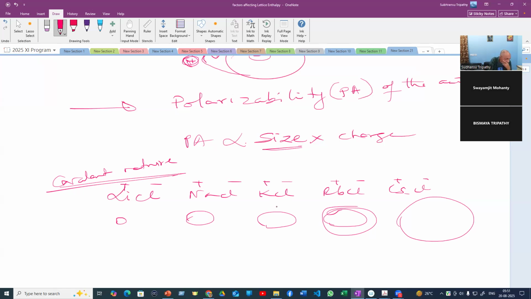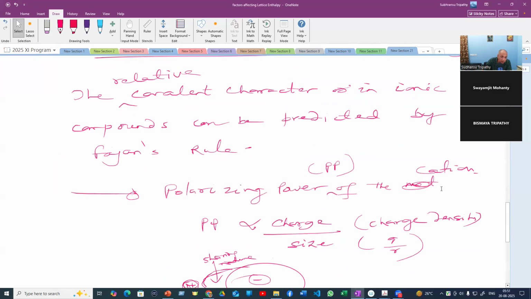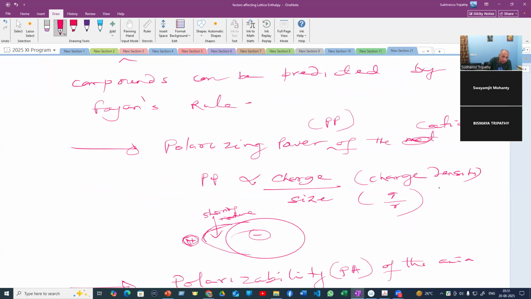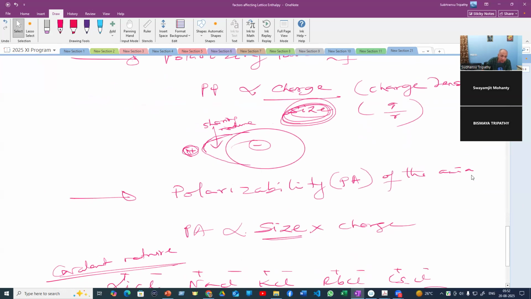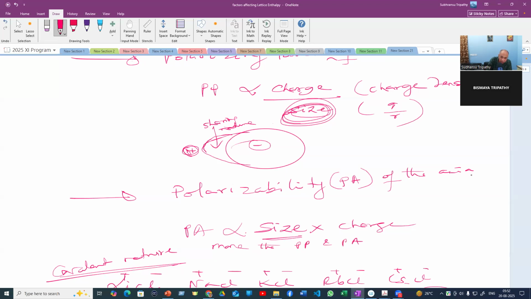Sir, LiCl. Yes, because Li plus is a cation and the polarizing power is directly proportional to, sorry, inversely proportional to size. The least size is that of lithium plus, and hence polarizing power is maximum. So you can write down somewhere, more the PP and PA, more is the covalent character.